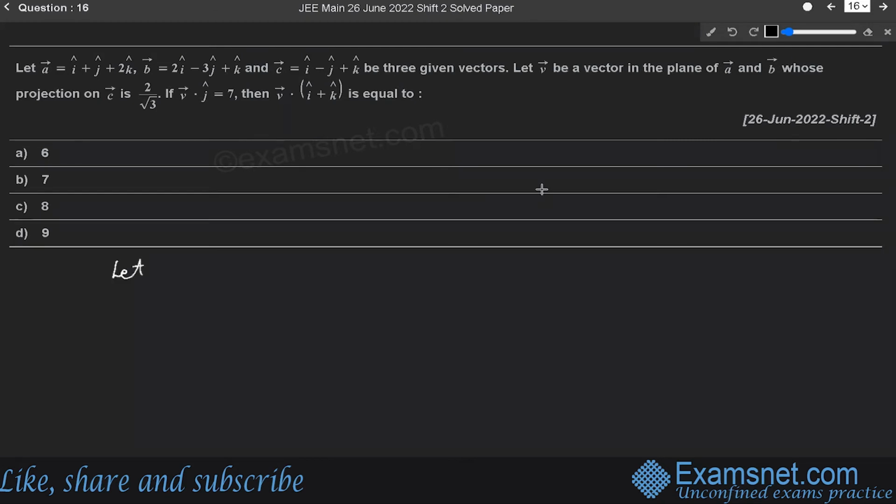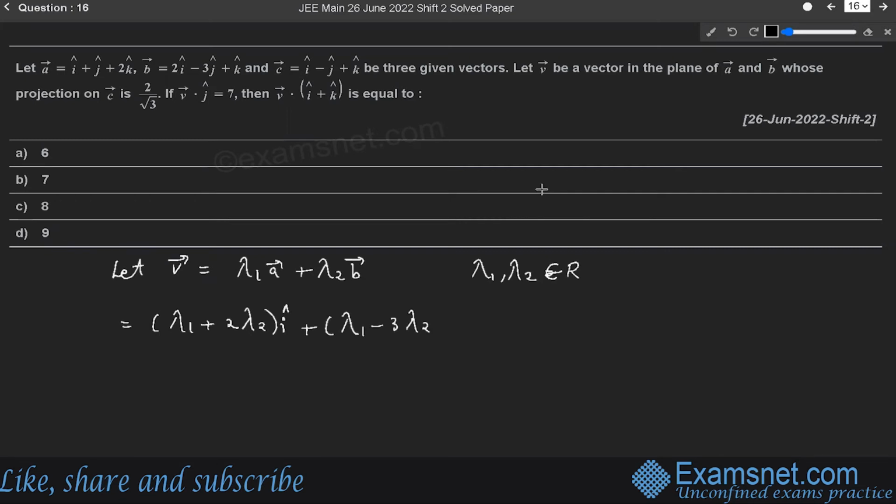Let V vector be equal to lambda 1 into A vector plus lambda 2 into B vector, where lambda 1 and lambda 2 belong to R. So, on multiplying this, it will be equal to (lambda 1 plus 2 lambda 2) into i cap plus (lambda 1 minus 3 lambda 2) into j cap plus (2 lambda 1 plus lambda 2) into k cap.